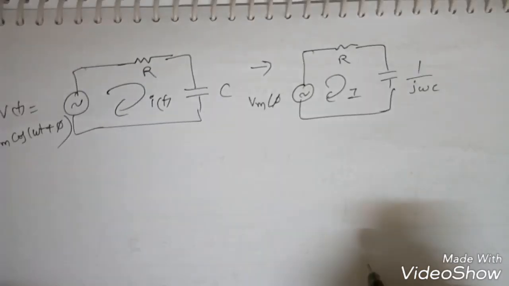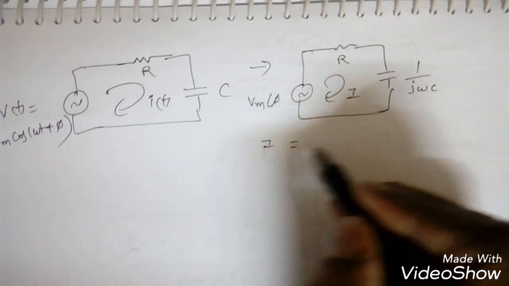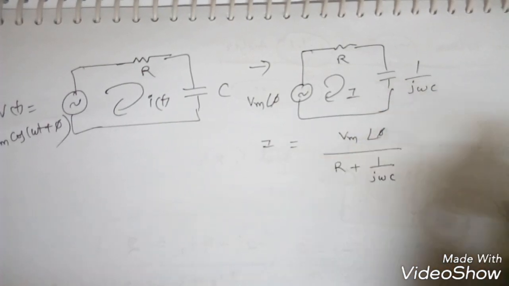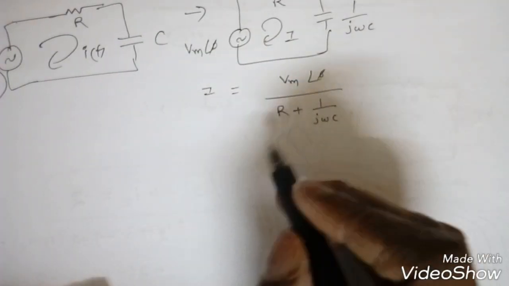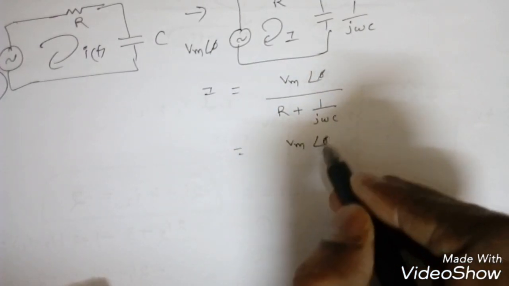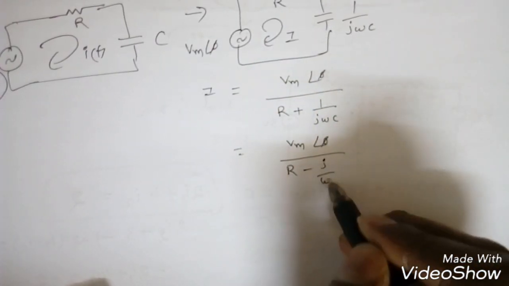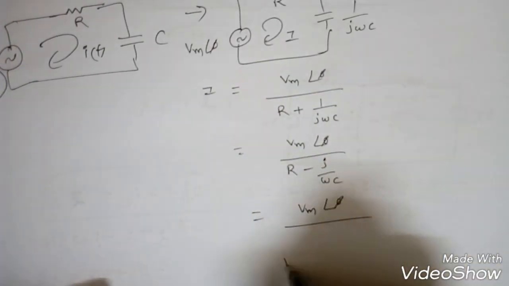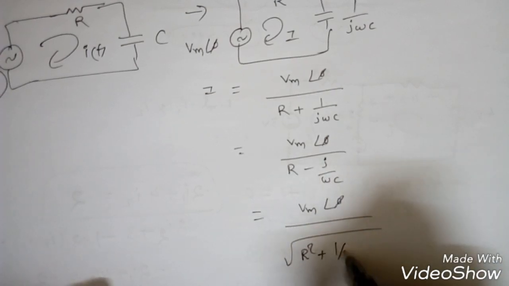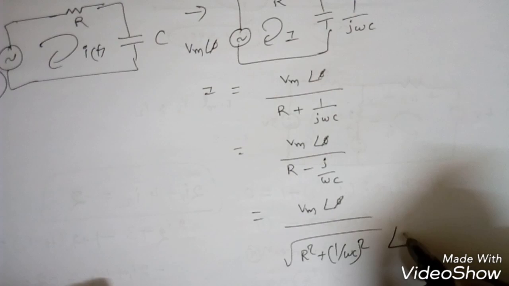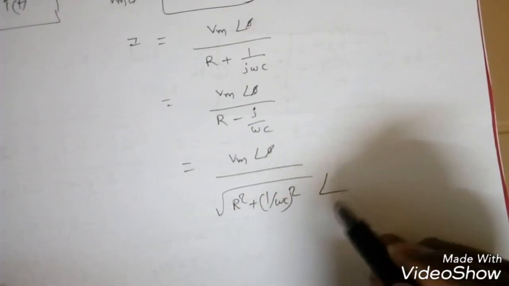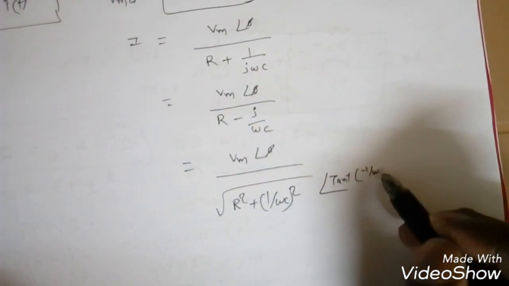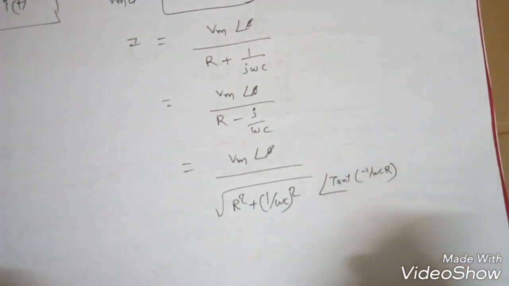So this is I. Now I can write simply I is equal to Vm angle pi by R plus 1 by j omega C. Now 1 by j omega C becomes minus j by omega C. Now if I write magnitude and phase, it is Vm angle pi by square root of R square plus 1 by omega C whole square, and the angle is tan inverse of the imaginary part, that is minus 1 by omega C by R, so 1 by omega C R, right?